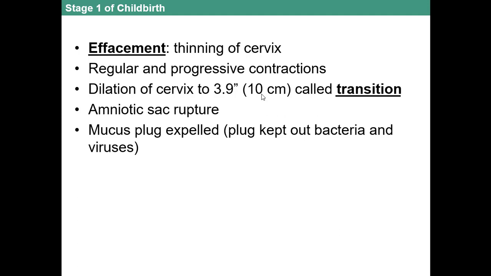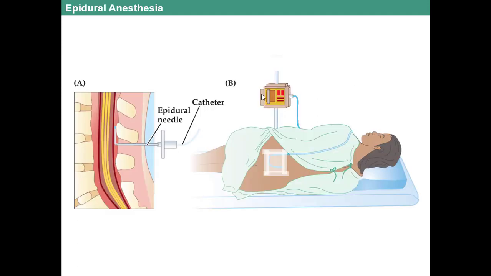As a woman is experiencing regular and progressive contractions, and the doctor identifies that she is progressing okay during stage 1 of labor, many women are given an epidural anesthesia.